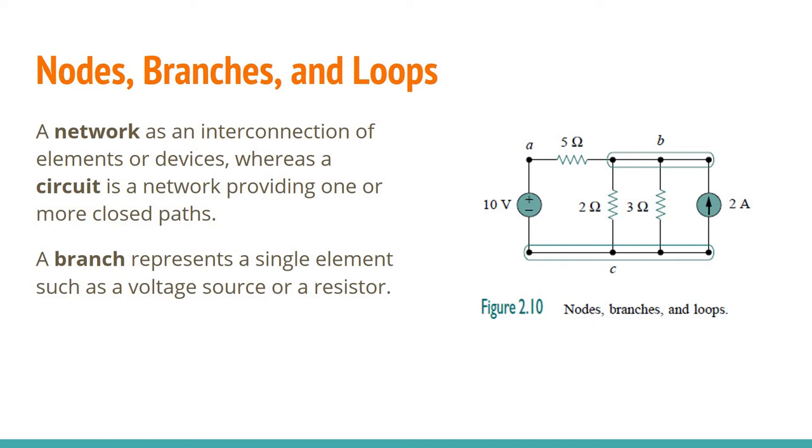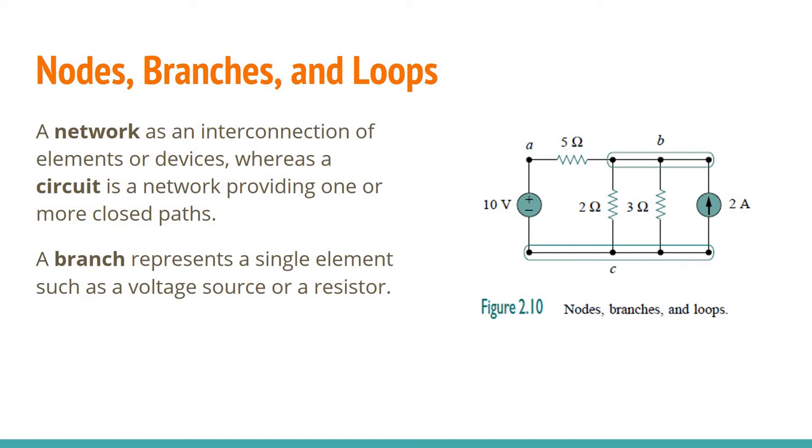So a branch represents a single element such as a voltage source or a resistor. When we say a branch, naa siya'y element. So, kung matanaw natin ang figure 2.10, naa siya'y branch na consist of voltage source, that is a 10 volts.